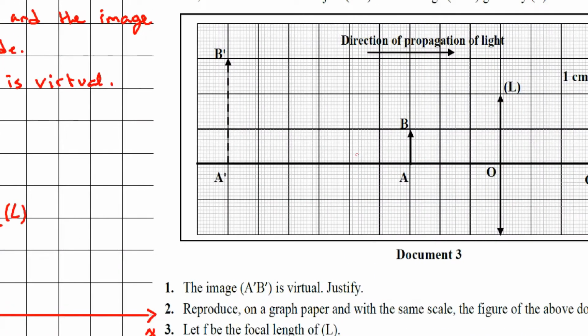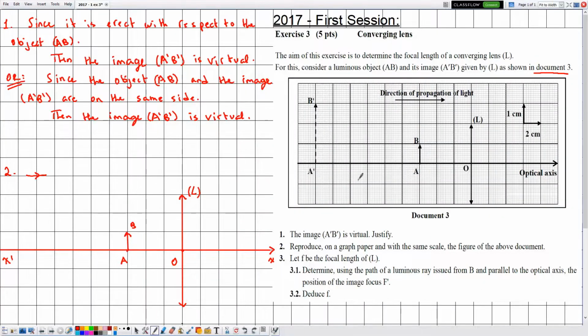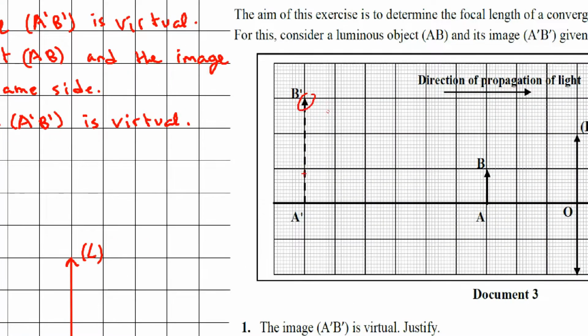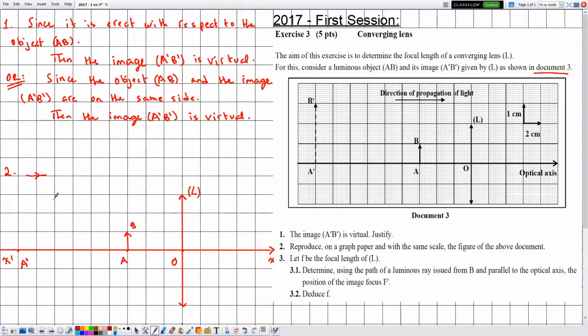And now the point A prime is located 1, 2, 3, 4, 5, 6, 7, 8, 9 divisions in front of the lens on the optical axis. This is the point A prime. And the point B prime is located 1, 2, 3 divisions above A prime. So this is B prime. A hat is found on B prime.